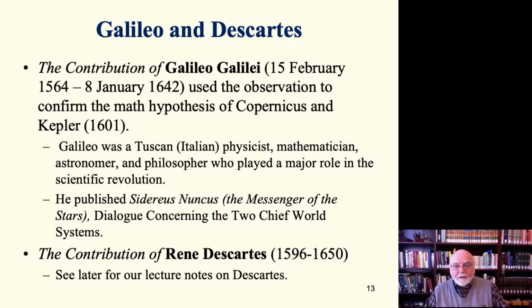Well, one can't leave this discussion without talking about Galileo, and of course his role of using observations, and it's very important, to confirm Copernicus's hypotheses. Now let's see that.